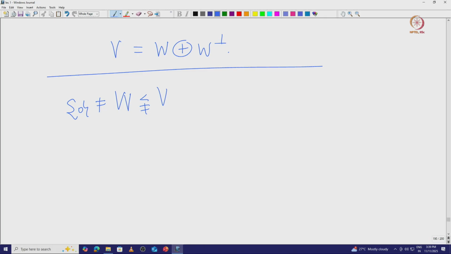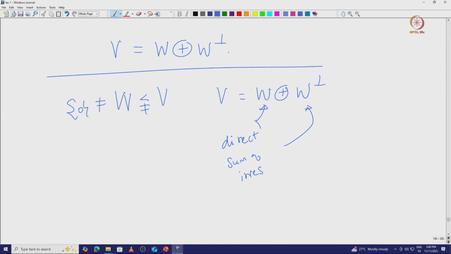Then using the earlier ideas, we will have a complement of that W. Now using induction, we will be able to decompose W into a direct sum of irreducibles, and similarly W perp, also using induction, will be a direct sum of irreducibles.